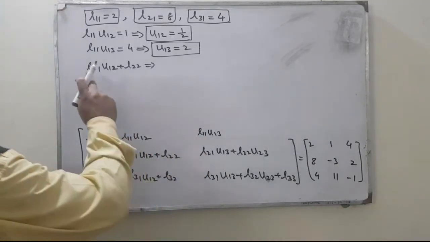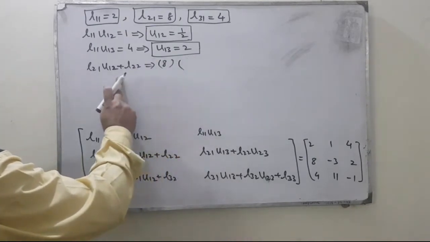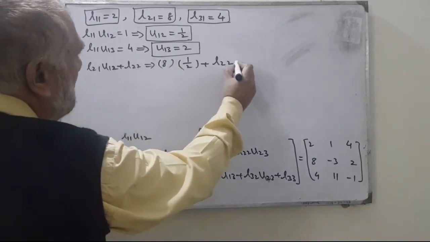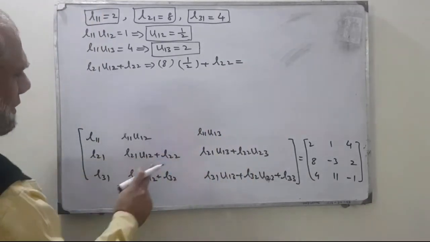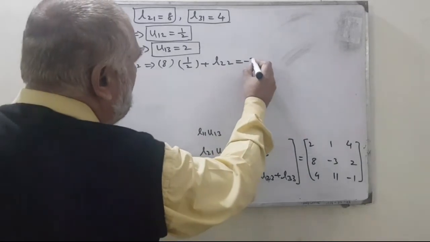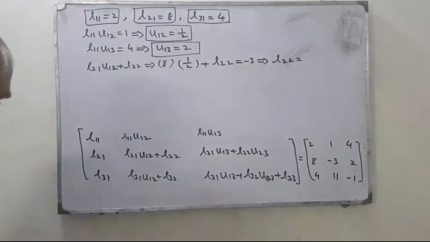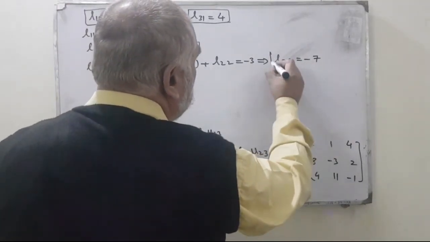Now we are using this one. L21 is 8, U12 is 1 by 2, and L22 you have to calculate. Okay, that's fine. So the right side will be equal to, according to this entry, minus 3. From here we get L22. So L22 is equal to minus 7.